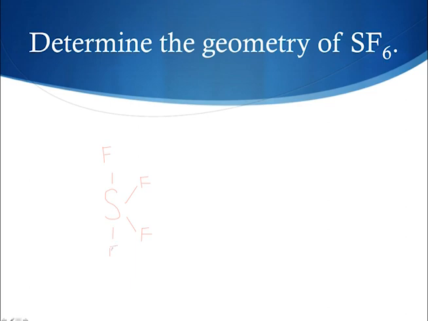And all 6 of the fluorine atoms also have 6 electrons, or 3 lone pairs, but we're not going to worry about drawing all of those since we only need to focus on the central atom. And in this case, sulfur is forming 6 single bonds, so it has 6 electron groups, all of which are also bonding groups, so the electron and molecular geometry will be octahedral.